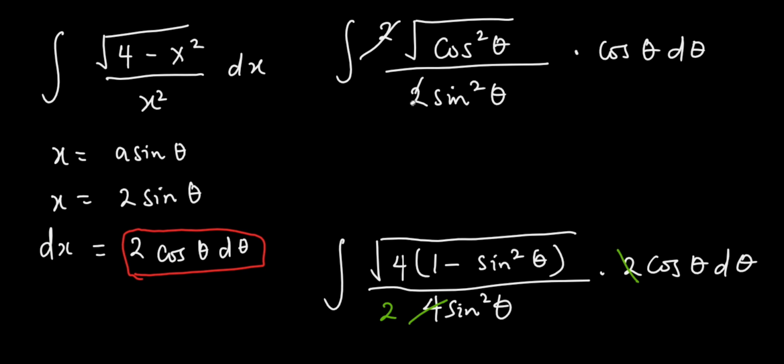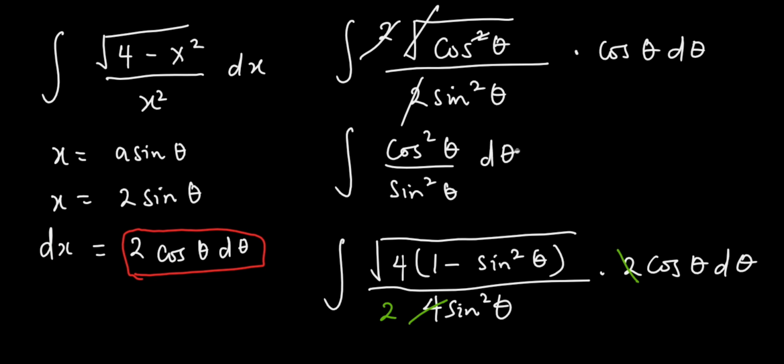Then 2 cancels out 2 here. Then the square cancels out the square root. So you are left with the integral of cos theta multiplied by cos theta, we have cos squared theta over sine squared theta d theta.